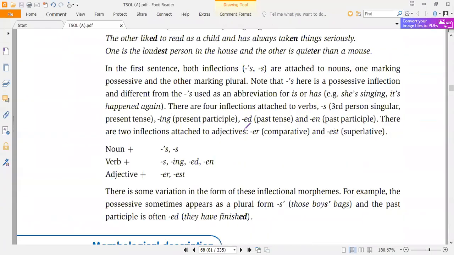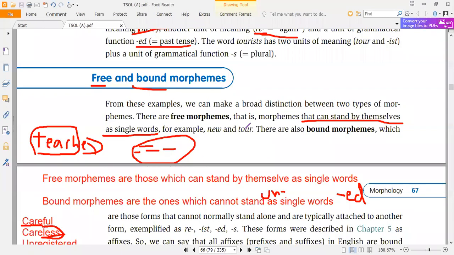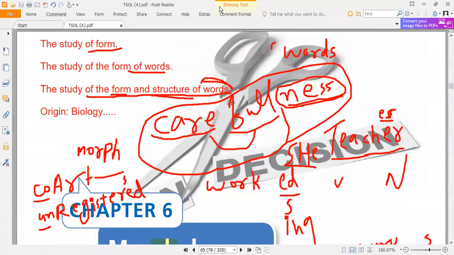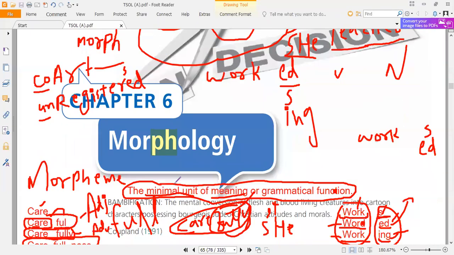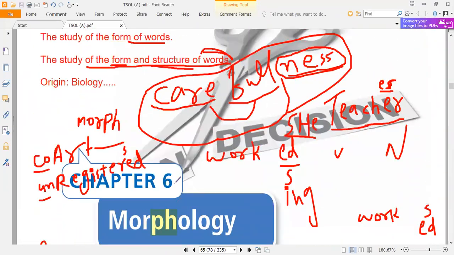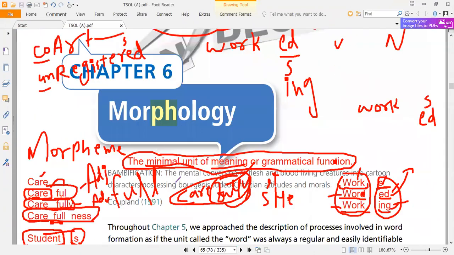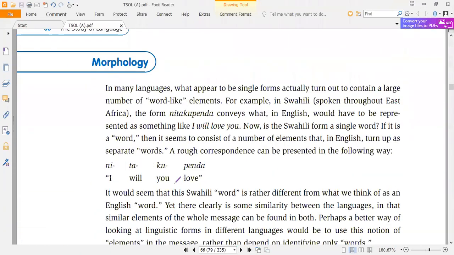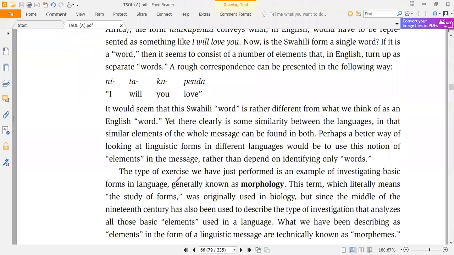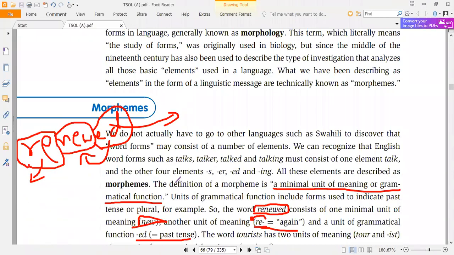Okay, in the previous class, we started morphology, we defined morphology, and then we talked about morpheme, that what is morpheme.